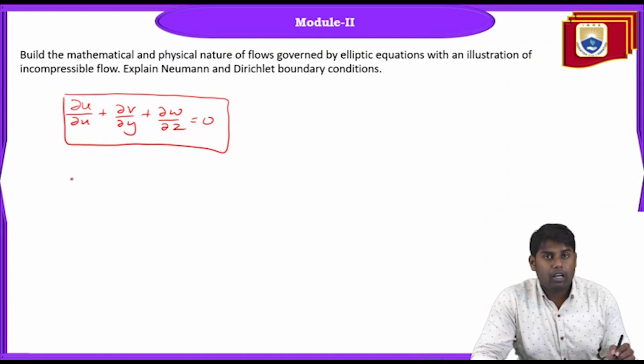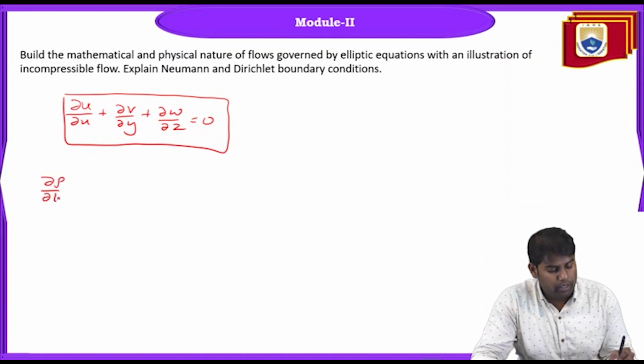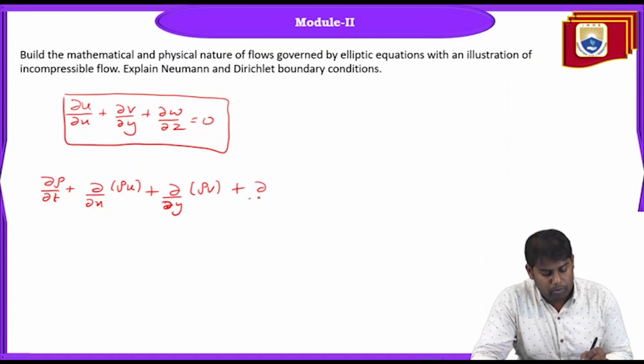If you see the compressible flow, the equation is dou rho by dou t plus dou by dou x of rho u plus dou by dou y of rho v plus dou by dou z of rho w is equal to 0.